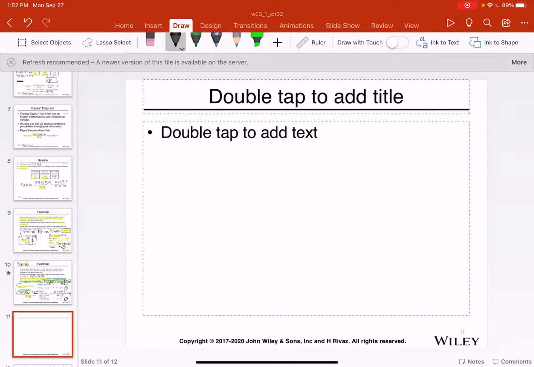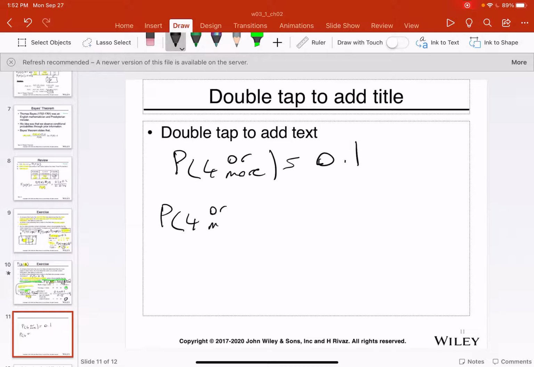So if I just create a new page to summarize these. In general, the probability of 4 or more is 10%, but the probability of 4 or more, given that the person provided information, that's 0.267, right?